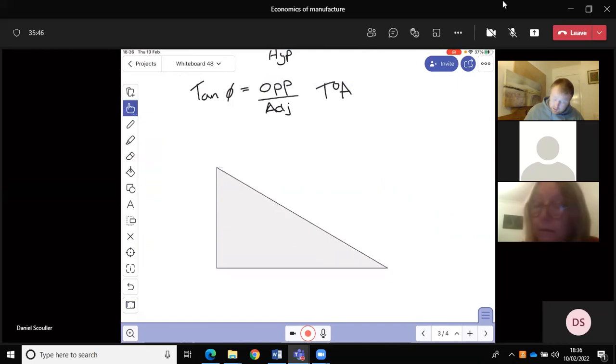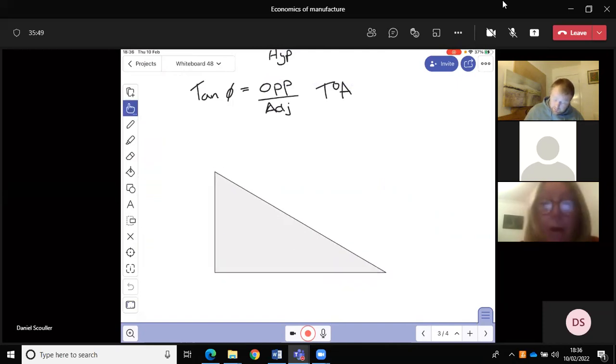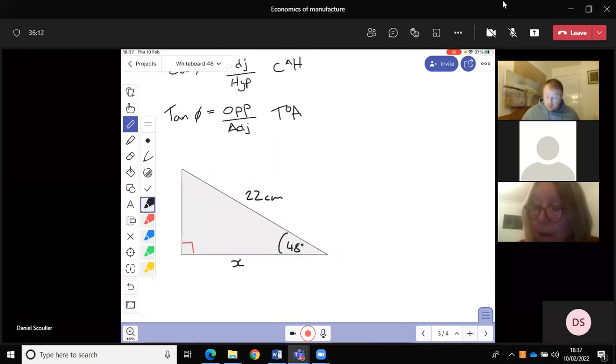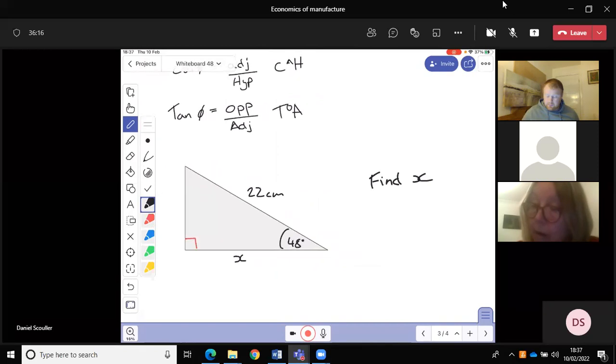Right angle triangle, if we say that angle in there is 48 degrees. That's your right angle. We get given the hypotenuse, 22 centimeters, and we want to find out what x is. Find x.